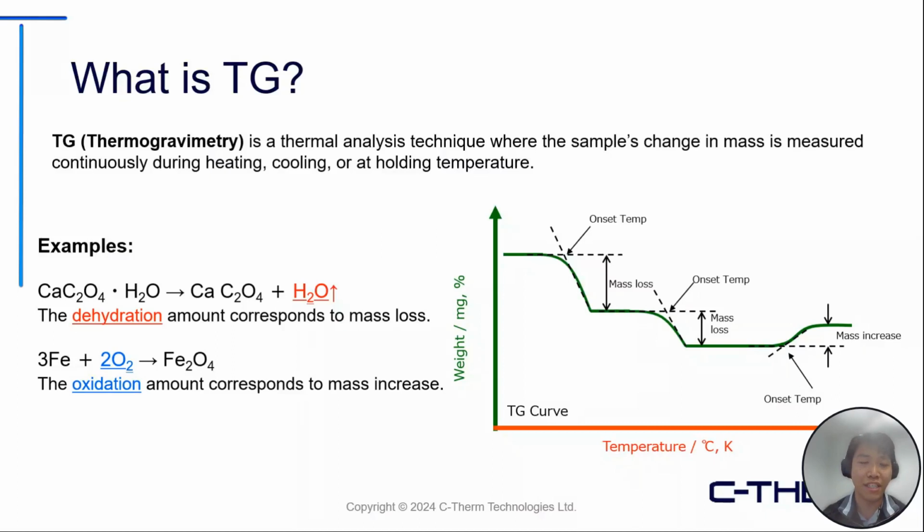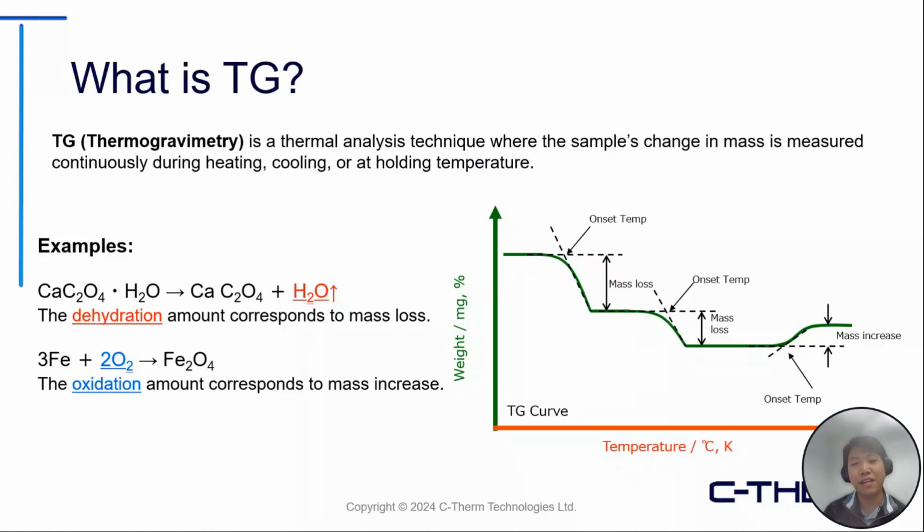For example, the dehydration of calcium oxalate shown here is associated with a mass loss because the water is leaving the sample. And the oxidation of iron shown below that is associated with a mass increase because the oxygen is essentially binding to the sample.